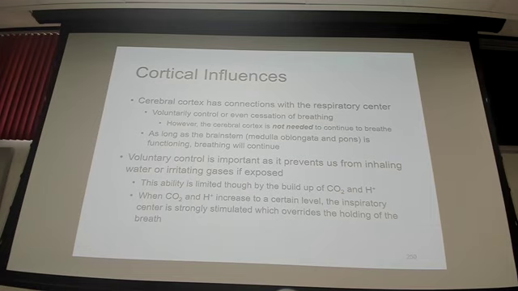And stop breathing in gas chambers and things like that, if you're doing stupid stuff like that, right? But the chemotaxic centers that recognize increases in CO2, increases in hydrogen, so acidity, override any cortical control. So ultimately, breathing is involuntary, although we can exert some influence over it. You guys know that already.